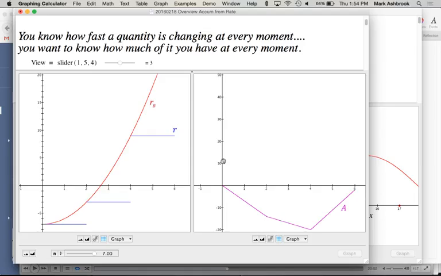Over 2 seconds, it would lose 14 feet. So that key point there at the end of the first interval is 2 seconds and negative 14 feet, right here.